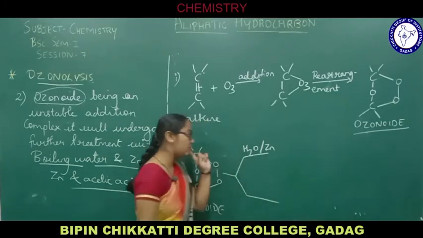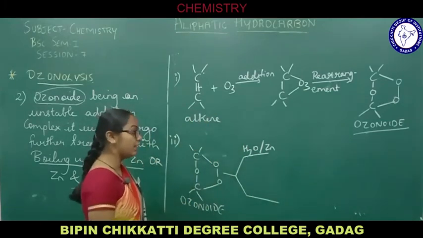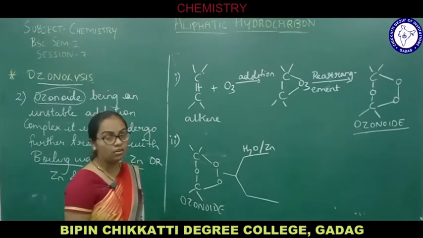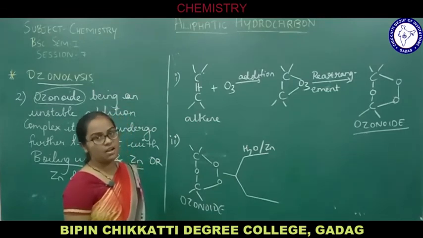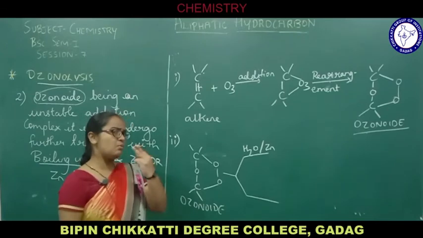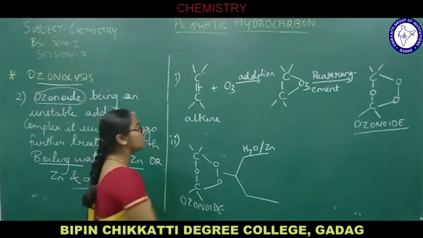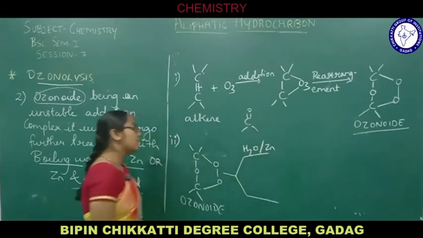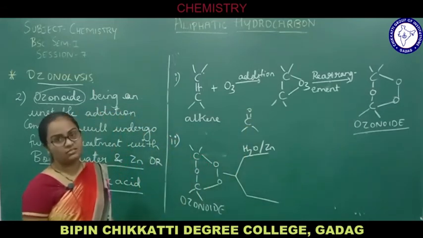Once it reacts with the boiling water and zinc, it will form an important component called a carbonyl compound. Here, two carbonyl groups will form. This is the functional group for the carbonyl compound.